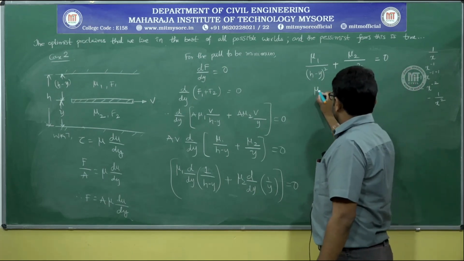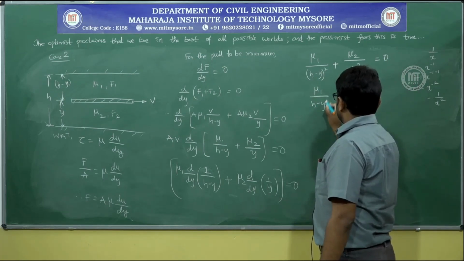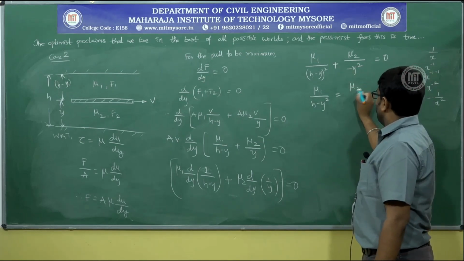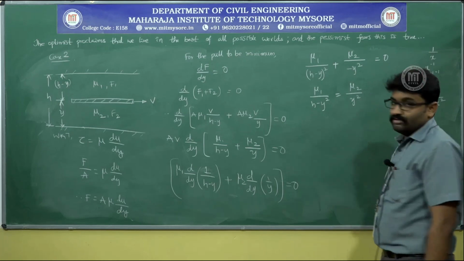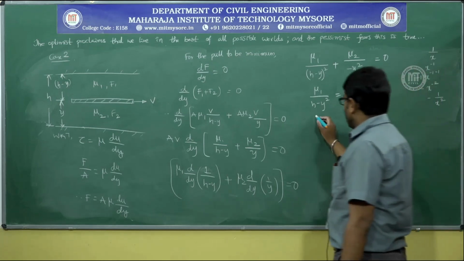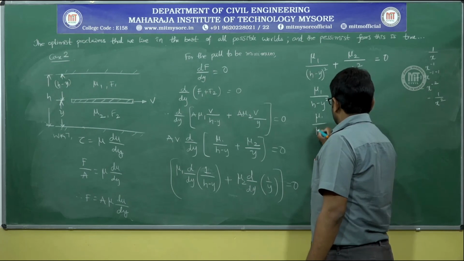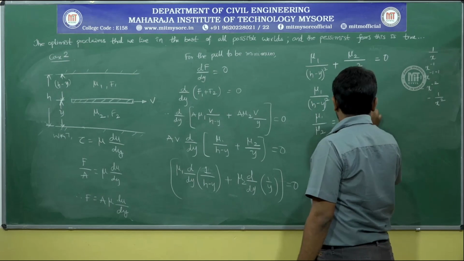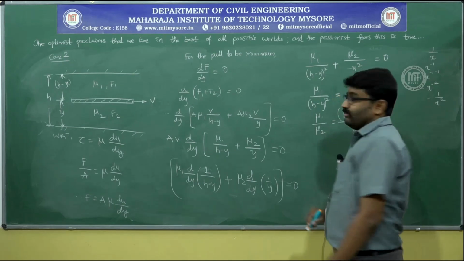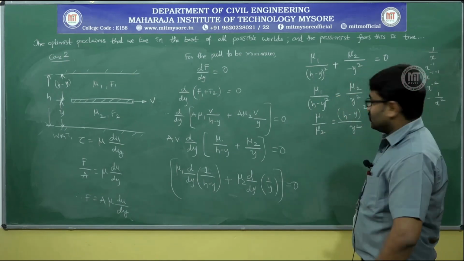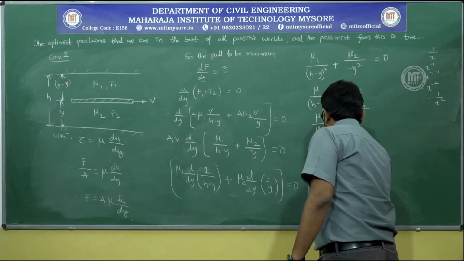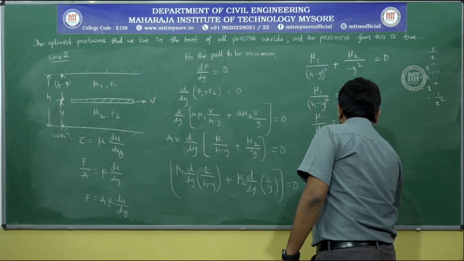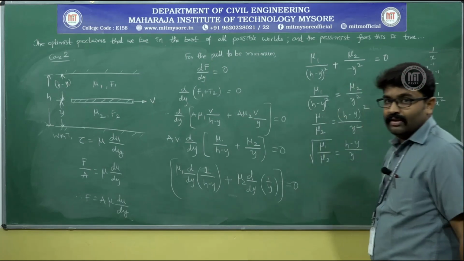I can write this as mu1 by h minus y whole square. You have minus here, when you send it on to the other side, you have mu2 by y square. On rearrangement, I will write this as mu1 by mu2 is equal to h minus y whole square divided by y square. And taking square root, this becomes root of mu1 by mu2 is equal to h minus y by y.